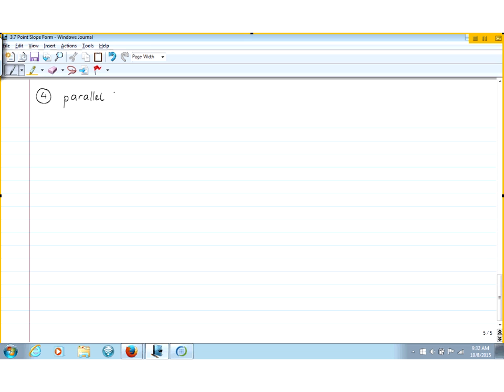Parallel to the line that passes through, so this is a little different, negative 1, comma 5, and 3, comma negative 7, and has y-intercept 0, comma negative 3.